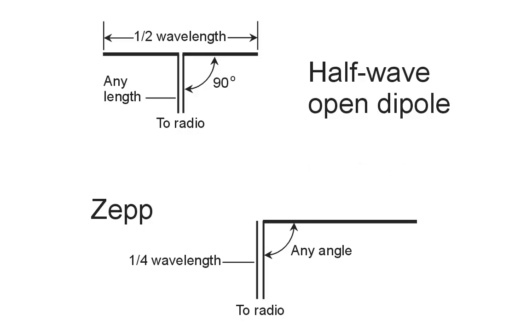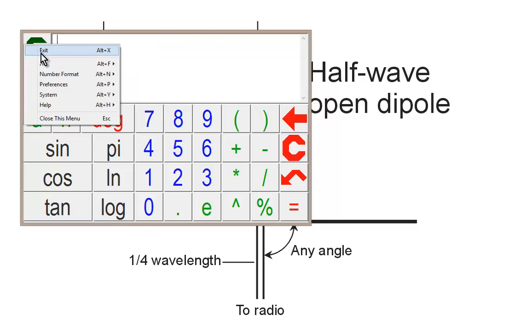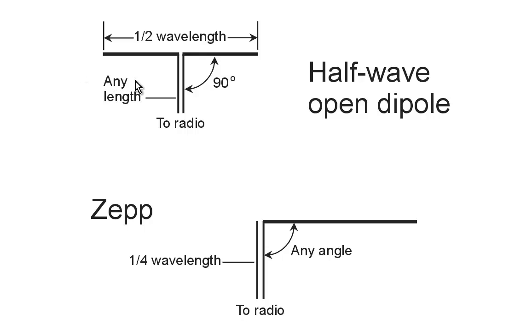Let's assume for a moment that it's 95%. Then 300,000 times 0.95 is about 285,000 kilometers per second along a wire element like this, as opposed to the free space velocity or speed.